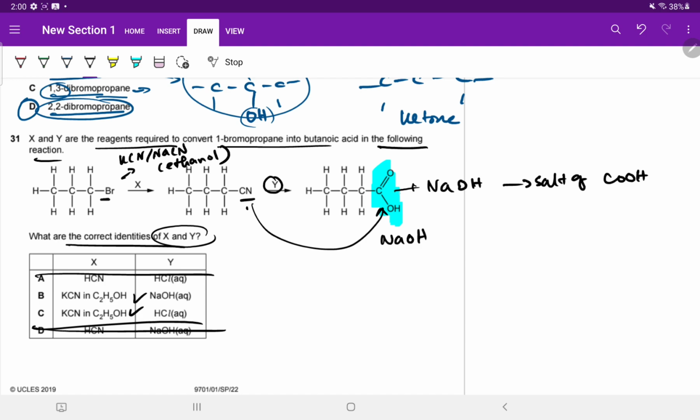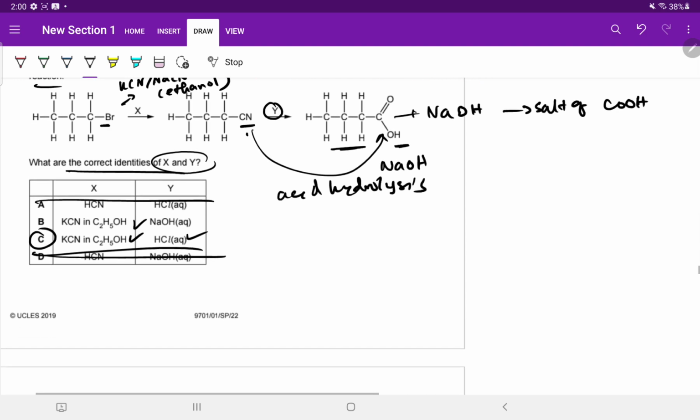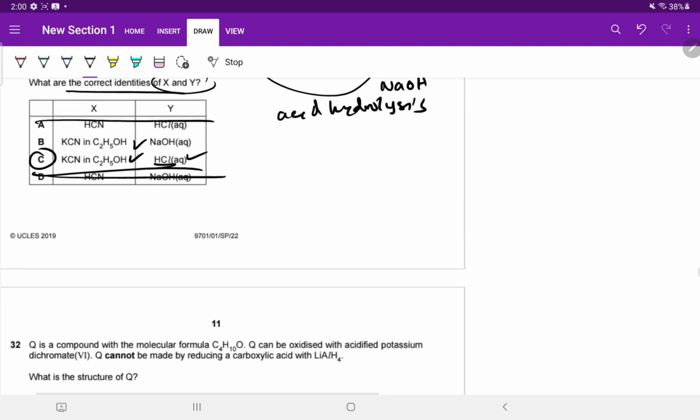Instead of COOH, there should have been an Na over here, but we are not getting any salt of the carboxylic acid, so this has to be acid hydrolysis. In that way this carboxylic acid won't react with the acid, so option C is a correct response because this has to be HCl, not sodium hydroxide.